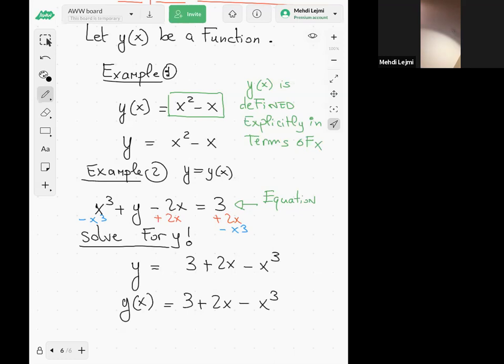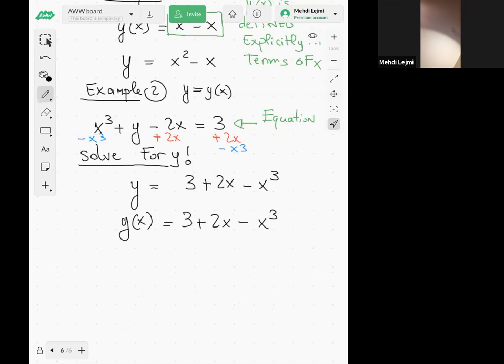Now, let's say we have another example. Example 3. Again, you need to think of y as a function of x.